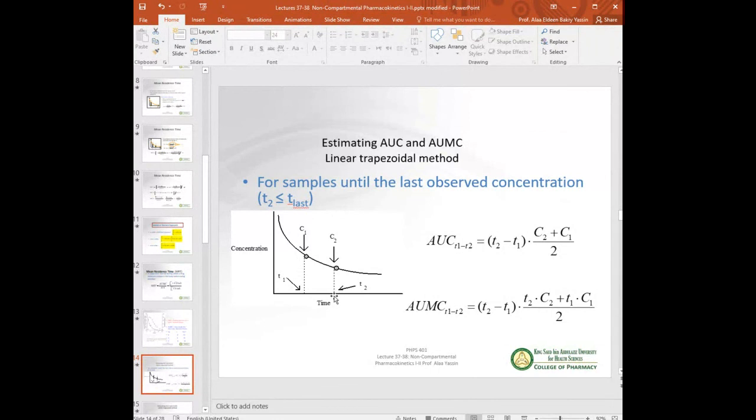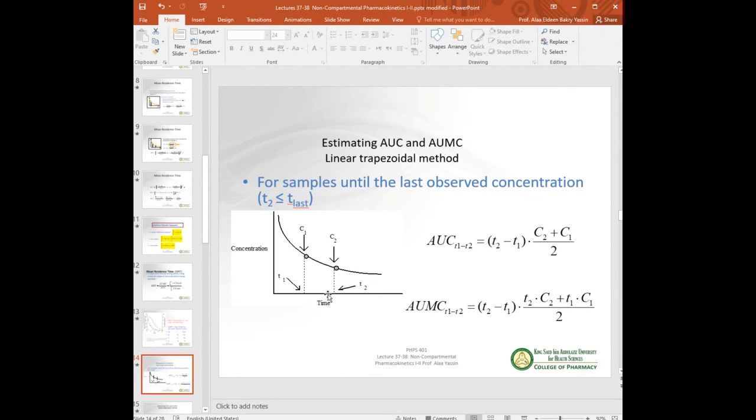The trapezoids will have the average of these two dimensions, the width times the average of the lengths of the trapezoid. The average will be determined by C1 and C2: C1 plus C2 over 2, so its average is something in the middle.